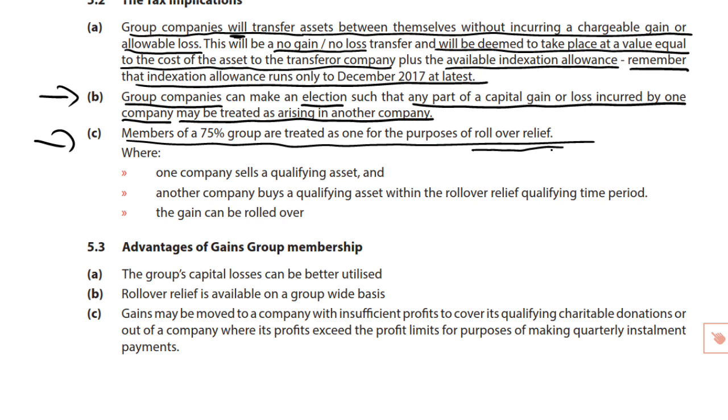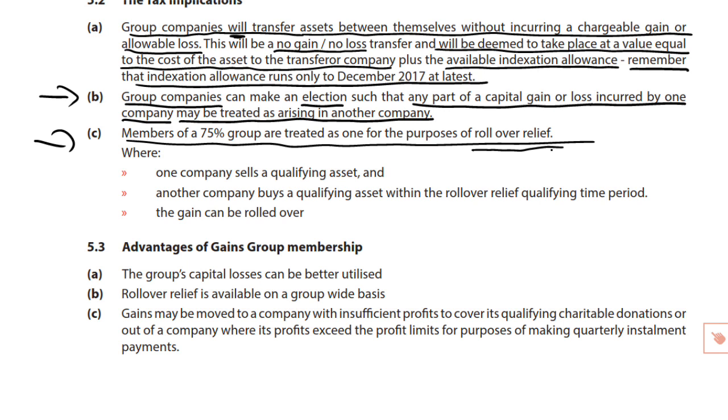It sold off a business asset, made a gain, but within the relevant time scale for reinvestment, has reinvested some or hopefully all of those proceeds in another qualifying business asset, allowing some or all of the gain on the original disposal to be deferred through this claim for rollover relief.